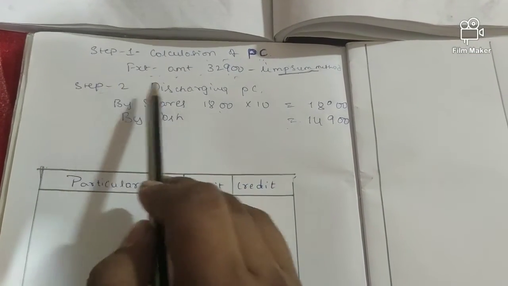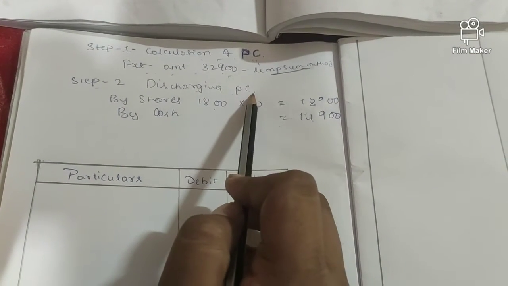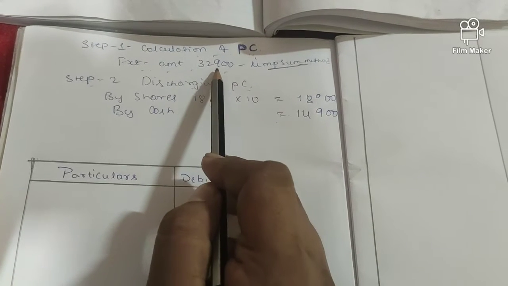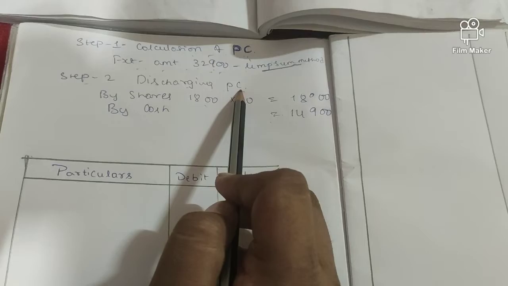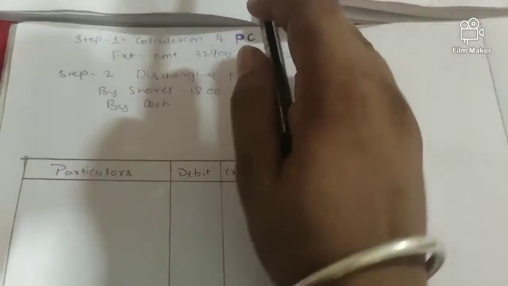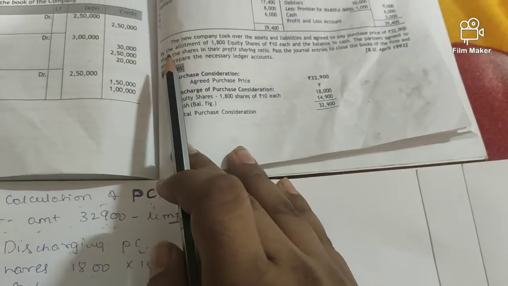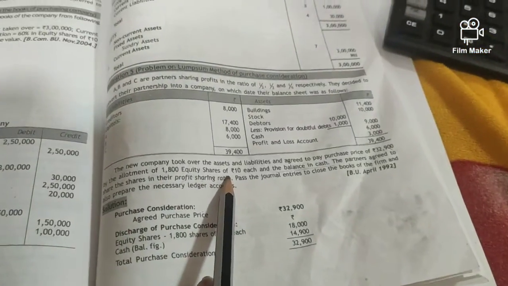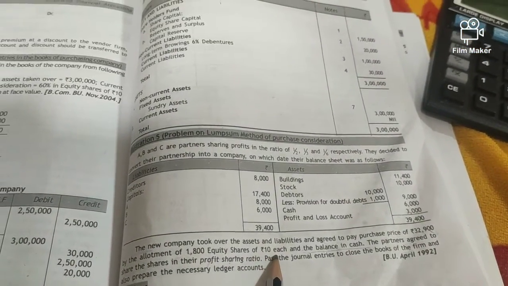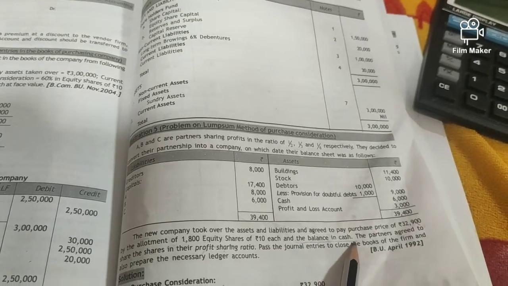Step 2 is we need to see the discharging of PC. How is he paying this purchase consideration amount? In the question you could see, by the allotment of 1,800 equity shares of rupees 10 each and the balance in cash.